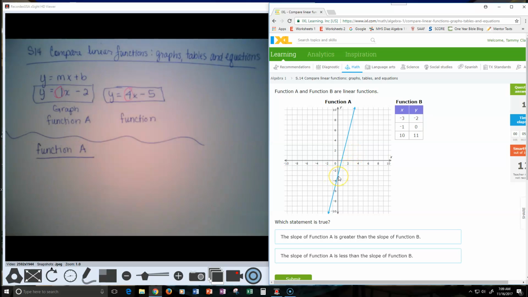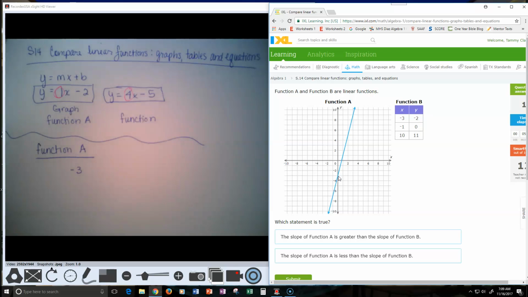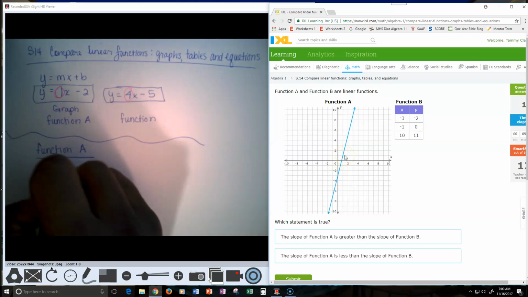My y-intercept is -3, and it looks like I'm going to go up 1, 2, 3, 4, and to the right 1. So my slope is 4.